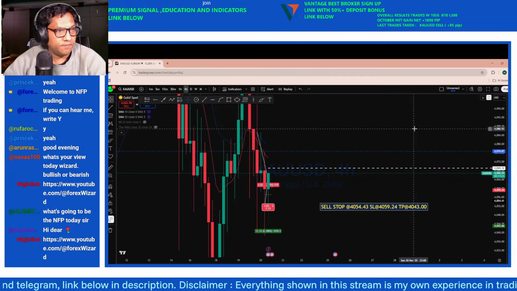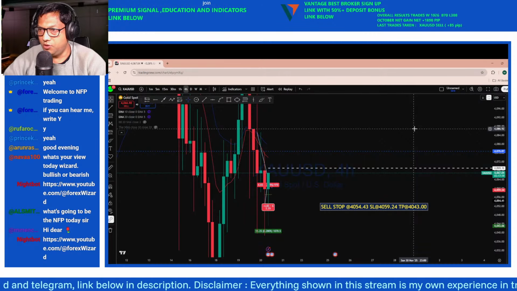Price on the daily level, you can see the daily resistance line.